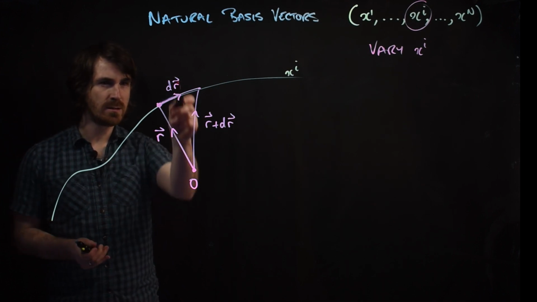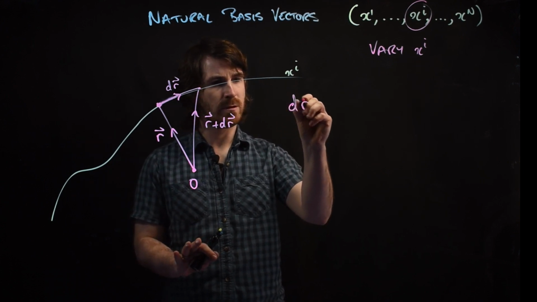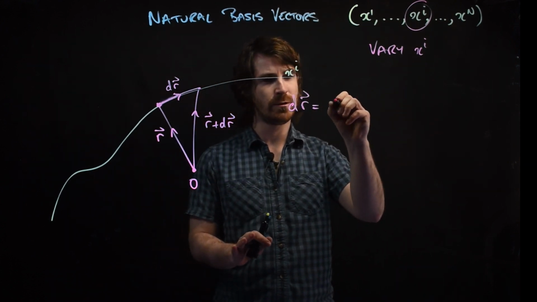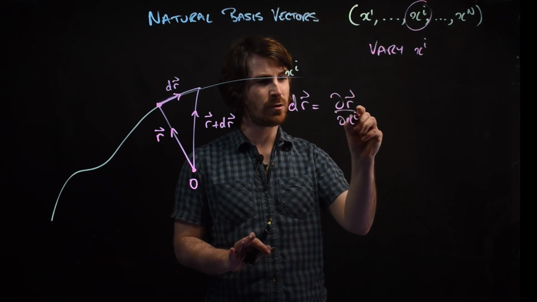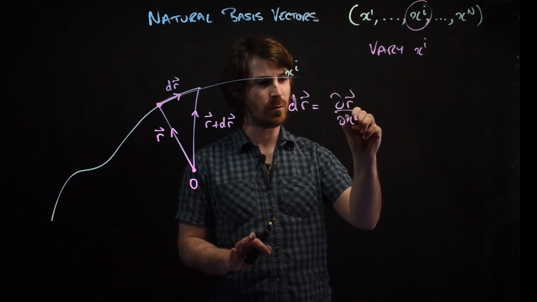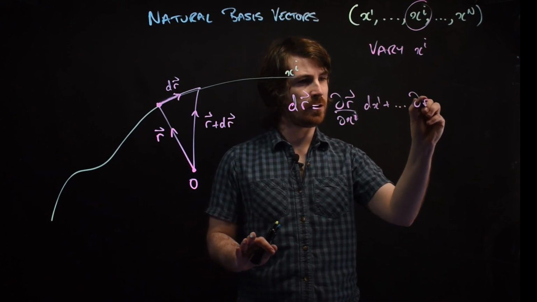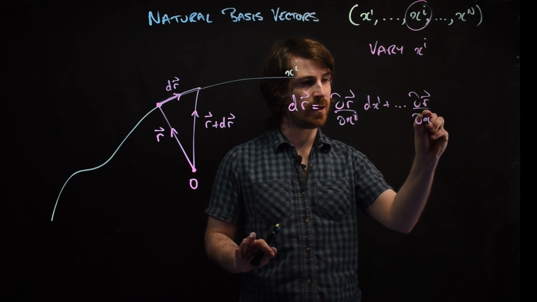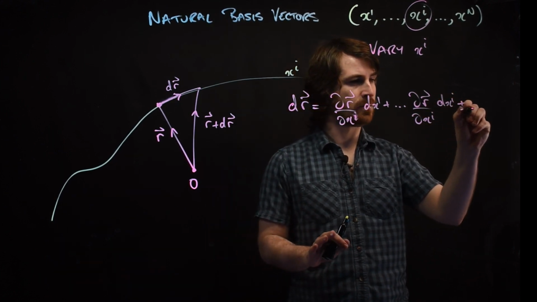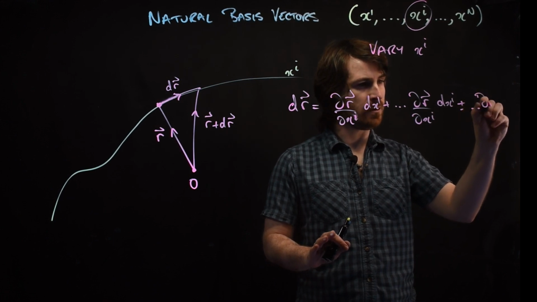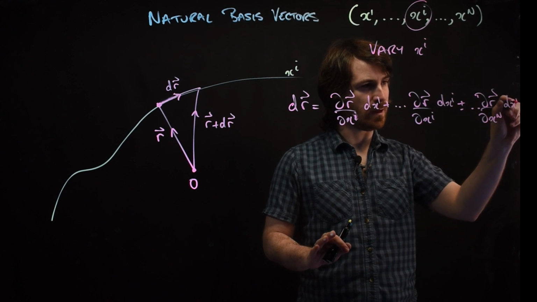So what is this dr? Well, we know from the chain rule that dr is equal to the partial derivative of r with respect to each of the coordinates: dr by dx1 dx1, plus, up to, dr by dxi dxi, up to dr by dxn dxn.